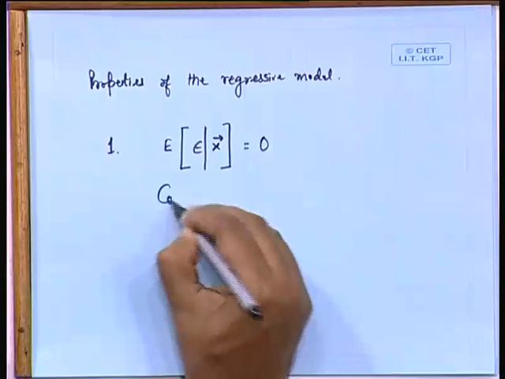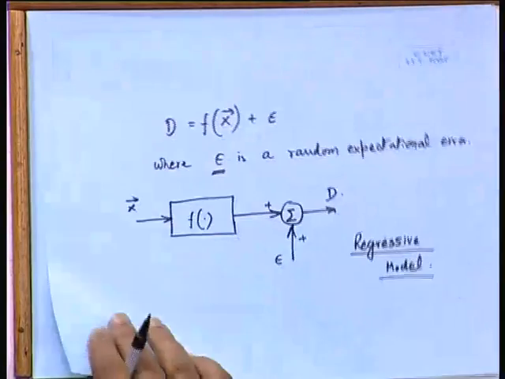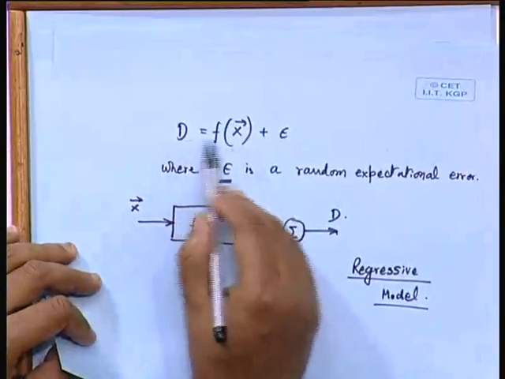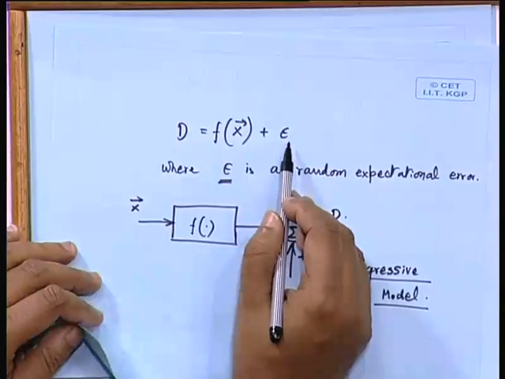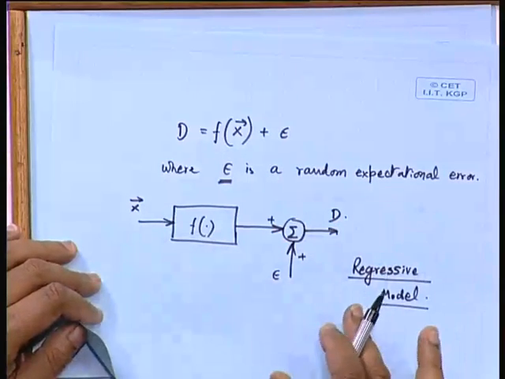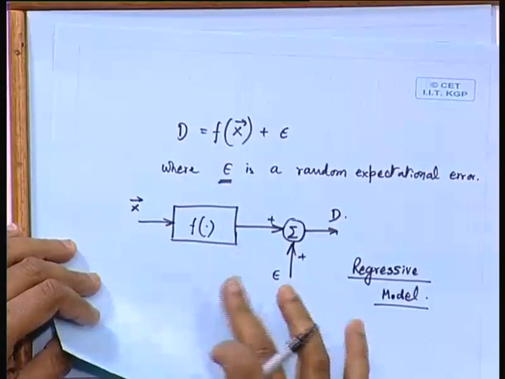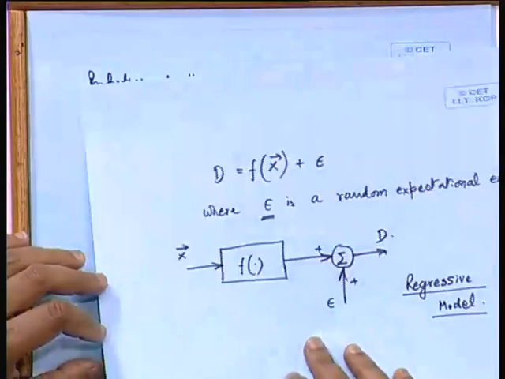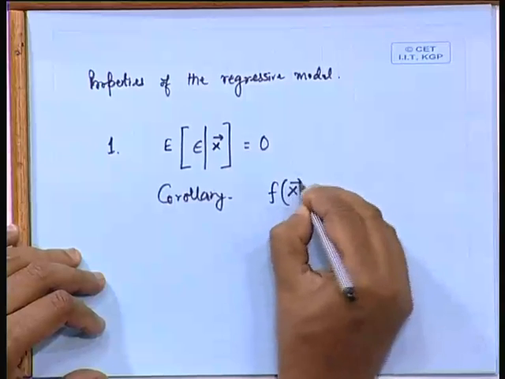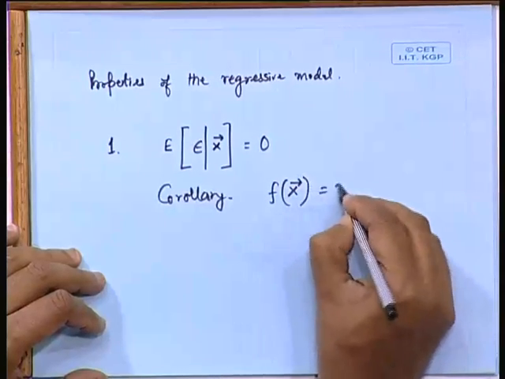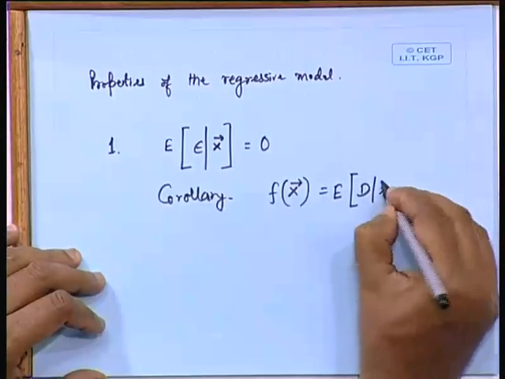As a corollary to that, by simply applying this definition that D is equal to f of x vector plus epsilon, if we take the expectation on the left hand side and right hand side, then f of x vector is equal to the expectation of D given x vector.